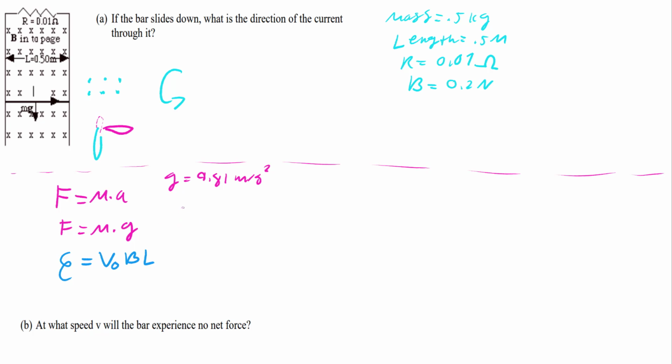If I have a B field and length and I have forces, I'm going to say that the force is equal to the amps times the length times B. That's the force on a wire. Well, we have a force and we also have a force, so maybe we can set them equal to each other. If we did that, we have that mg is equal to ILB. Okay? Well, that doesn't really do much for us.